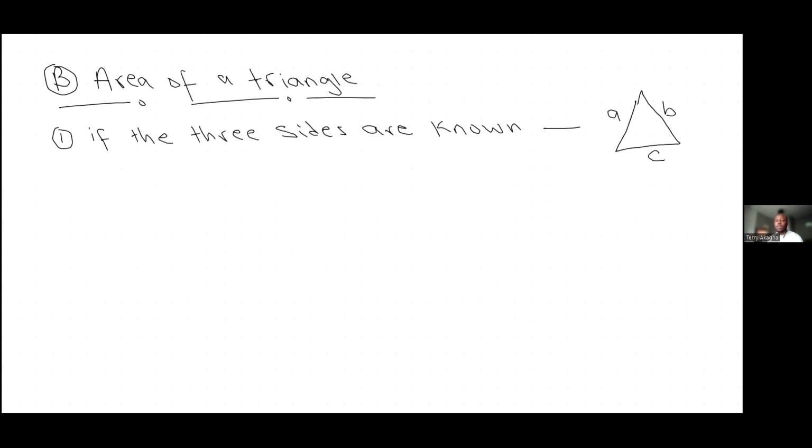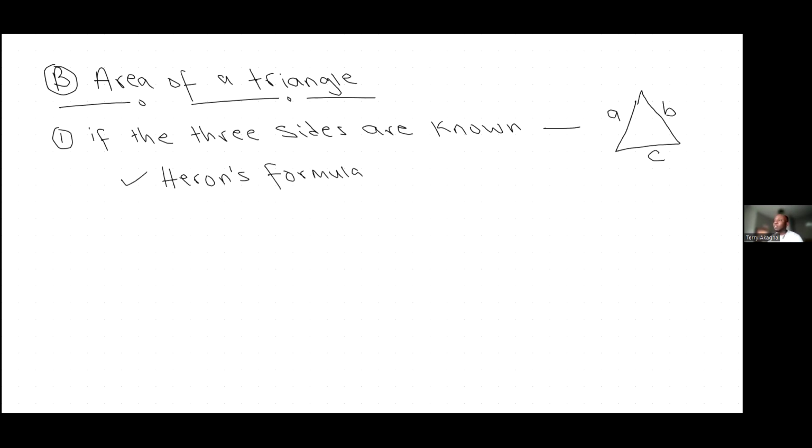Now, how do you solve this? You use what we call Heron's formula. Heron's formula can easily give you the area of this triangle.